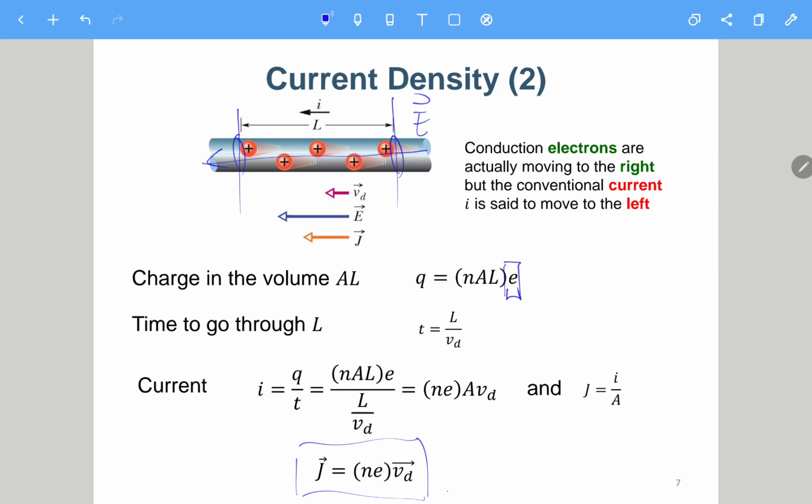Okay, so assuming this is the unit charge, and then this n is the number of charges.